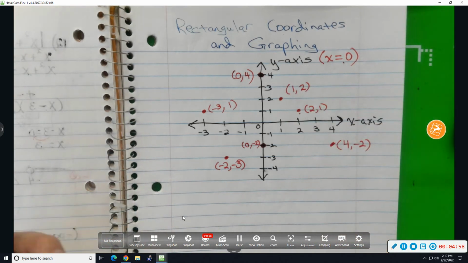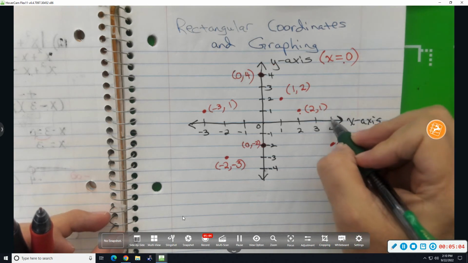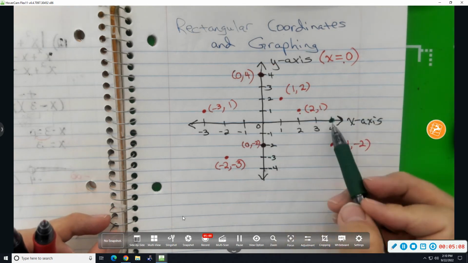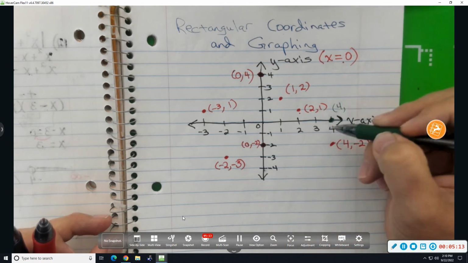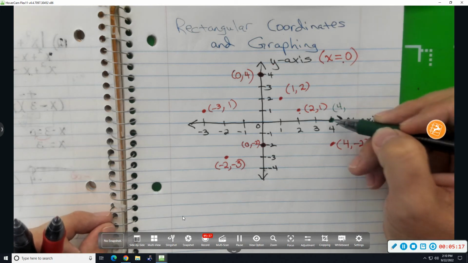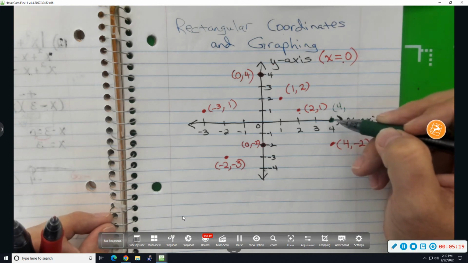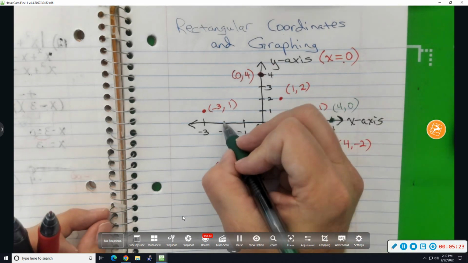What about a point on the x-axis? Let's look at this one right there. 4, 0. You have to move 4 units to the right, so the x value is a positive 4, but you can't go up or down. If you're going to stay on the x-axis, the y value must be what? 0. And one more, just to make sure you got it.